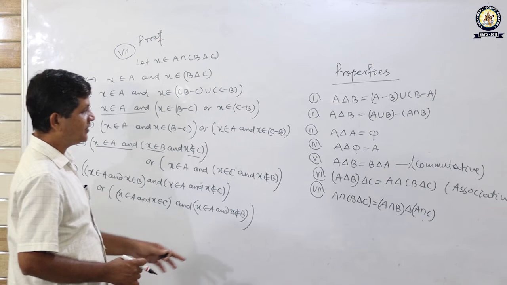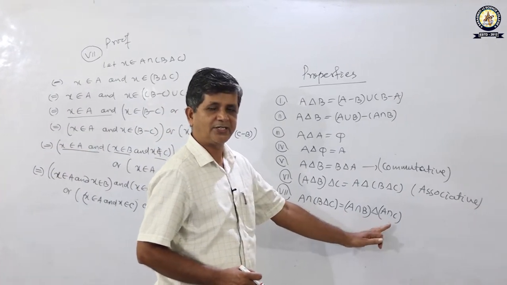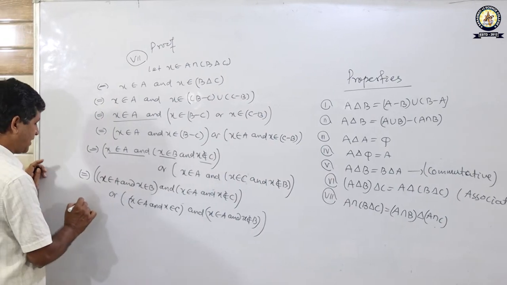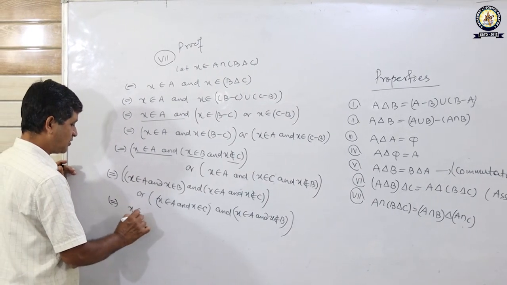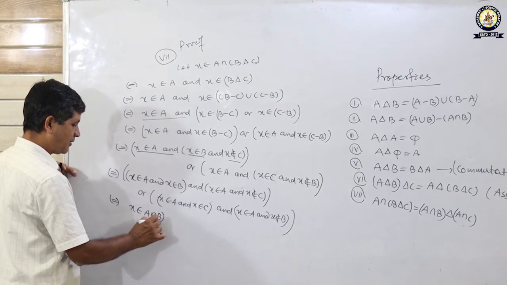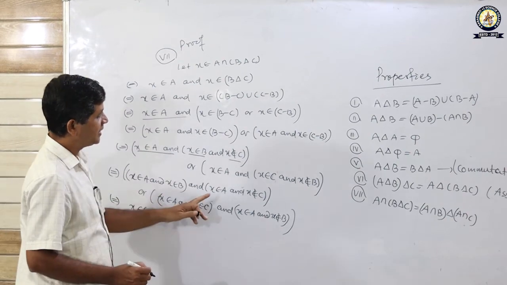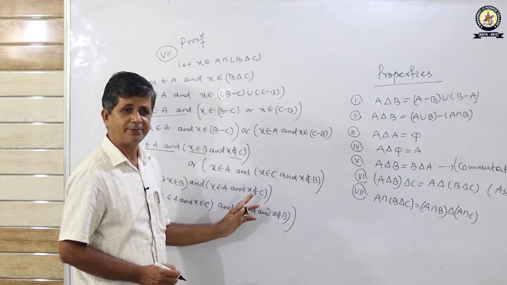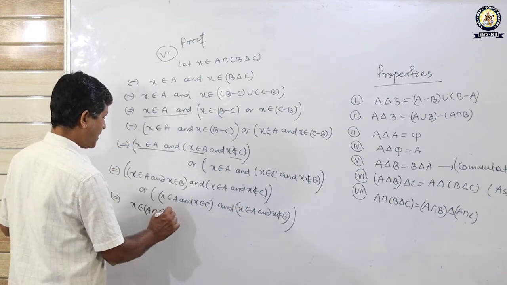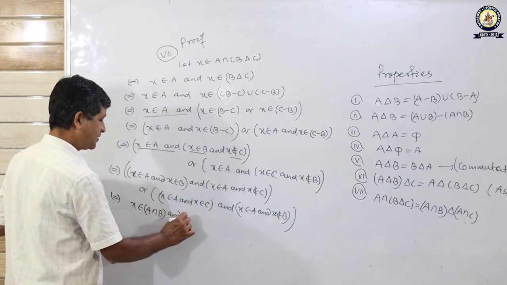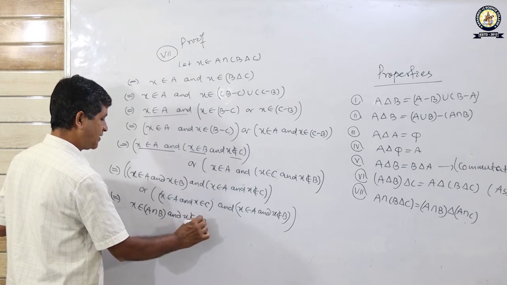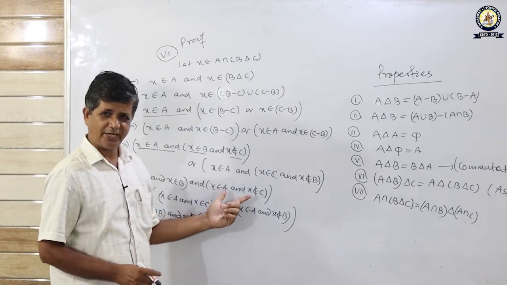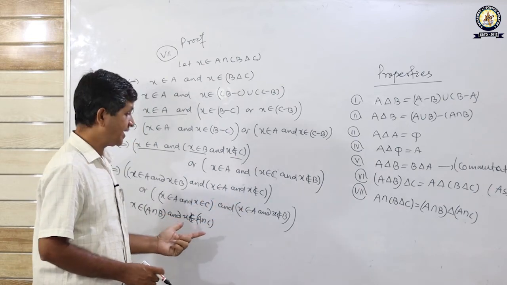We need A intersection B and A intersection C. If it is in A and it is in B, then it must be in A intersection B. Look, here X is in A, not in C. So it must not be in A intersection C. Here the question arises: why are we not writing X belongs to A difference C?